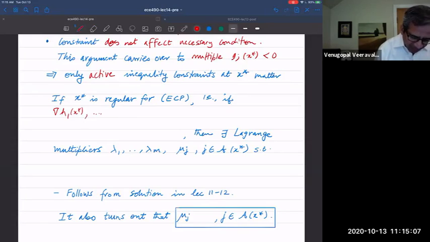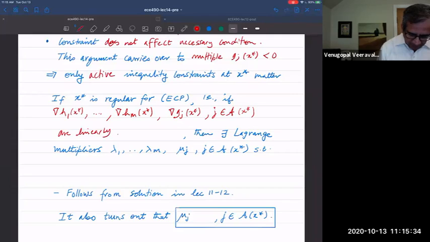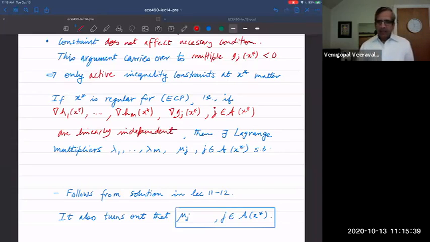The gradient of h1 at x star, up to the gradient of hm at x star. And then along with all the other gradients of the gj's, but the gj's I'll only look at the ones that are in the active set. If these are linearly independent, then we know from the Lagrange multiplier theorem that there exist Lagrange multipliers.